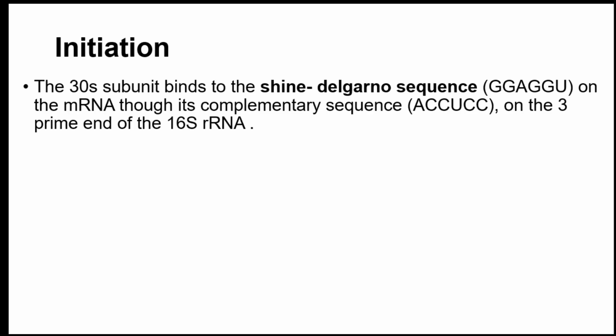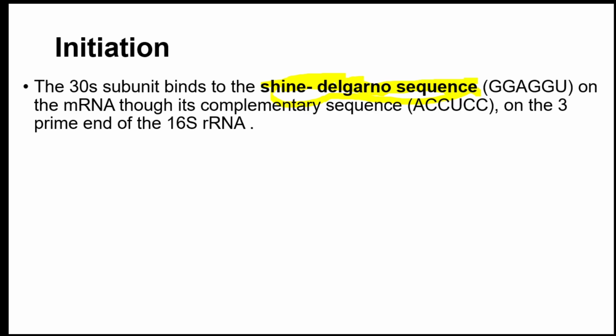On this messenger RNA which has been formed, we have a special sequence called the Shine-Dalgarno sequence. What is its significance in this process?